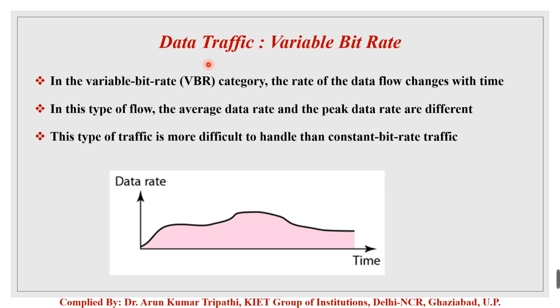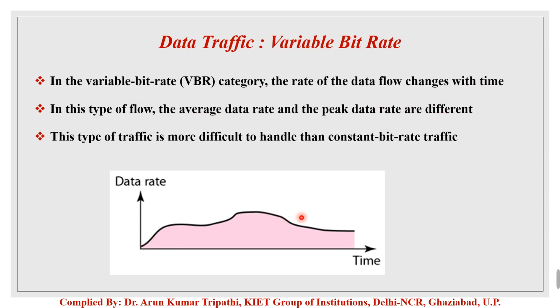Next, data traffic, variable bit rate. In the variable bit rate category, the rate of the data flow changes with time. In this type of flow, the average data rate and the peak data rate are different.